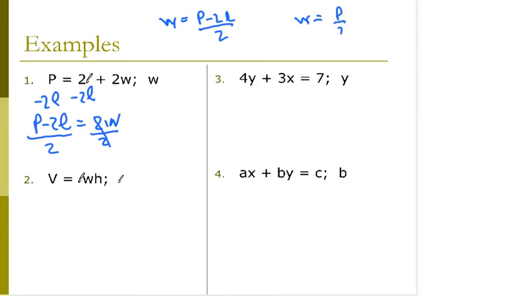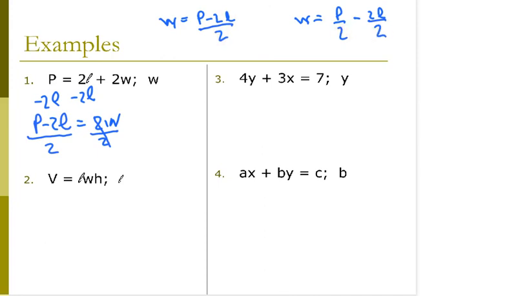Working backwards with what we know about subtracting fractions, this that we wrote is equivalent here, because normally we would say, okay, the denominators are the same, we're just going to subtract the numerators. So P minus 2L, P minus 2L, denominator is 2, denominator is 2. So this is equivalent to this.